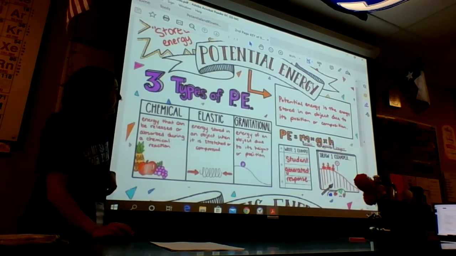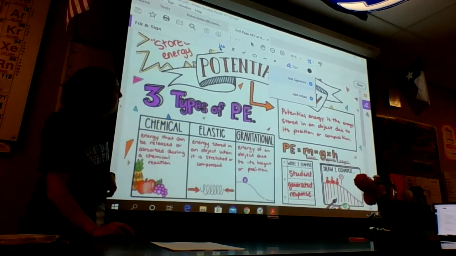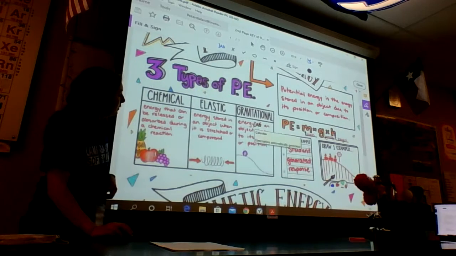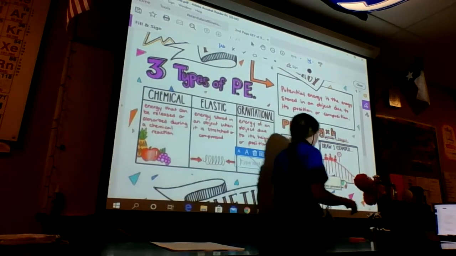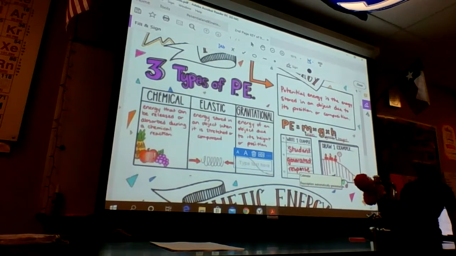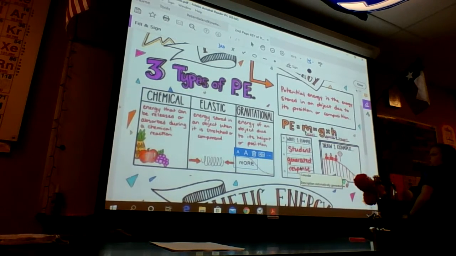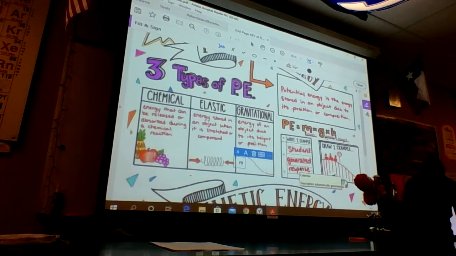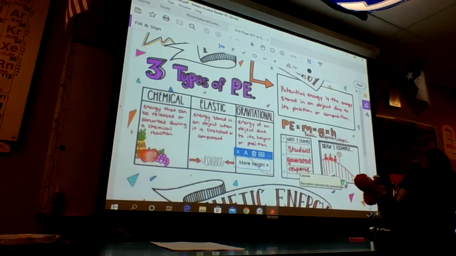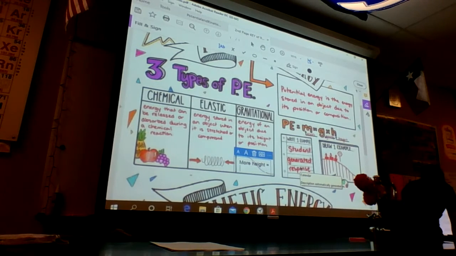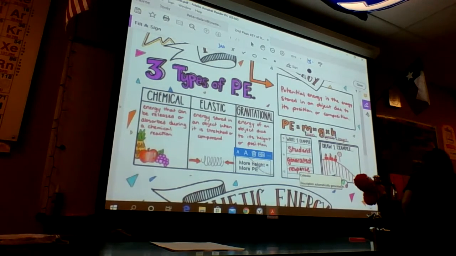Let me add a text box here. More height equals more potential energy.